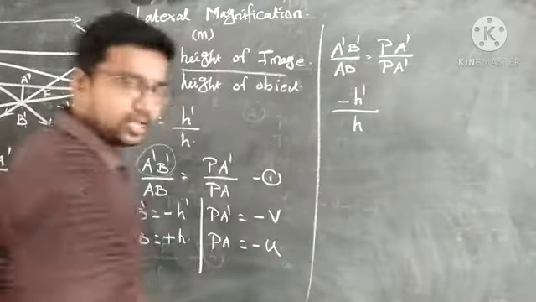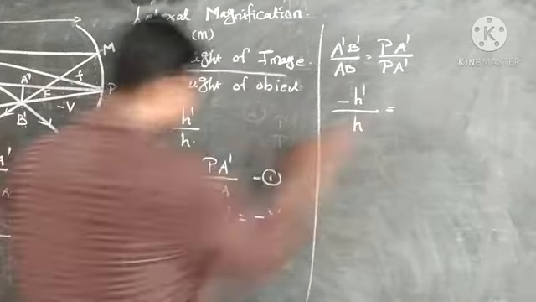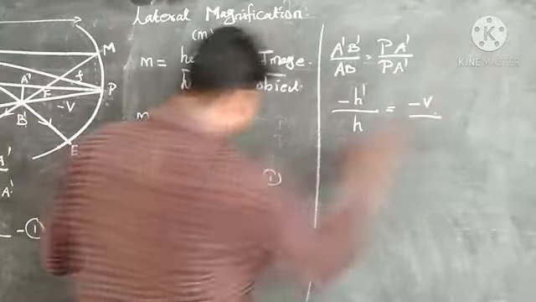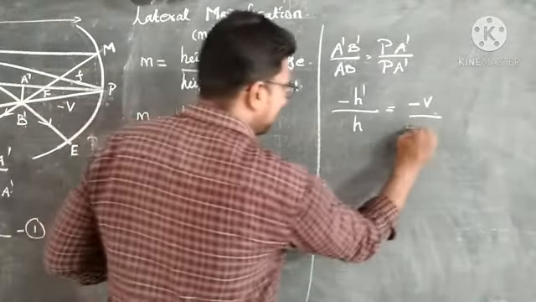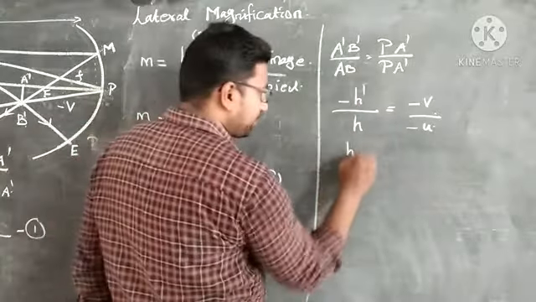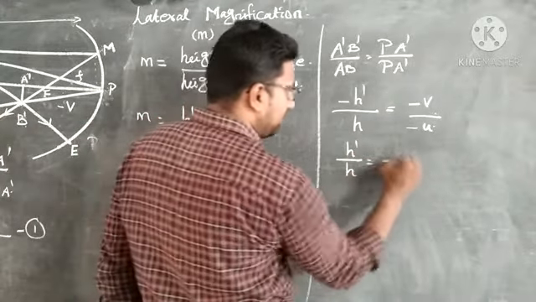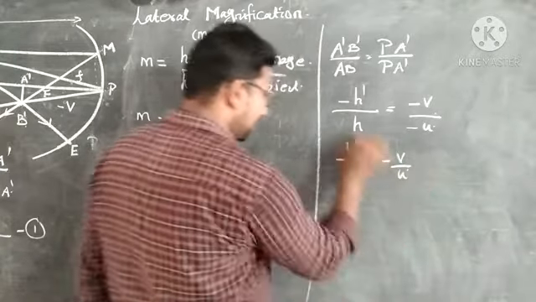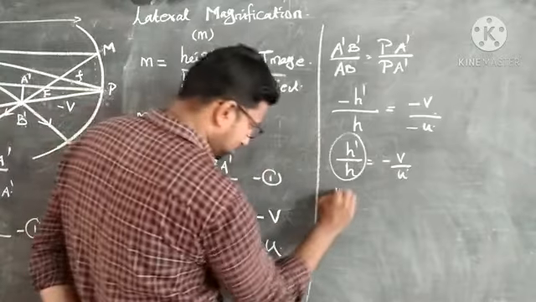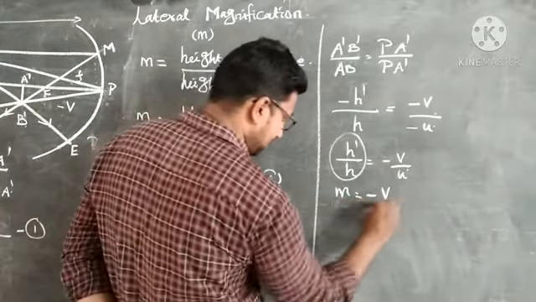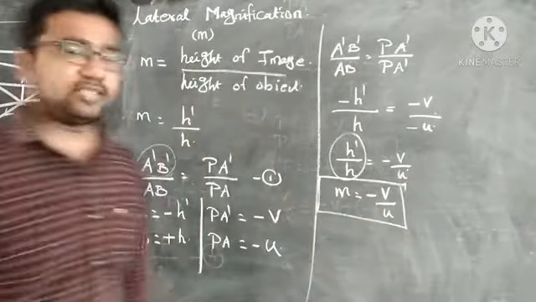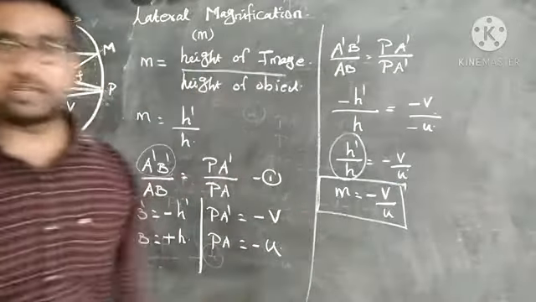PA prime is minus v, divided by PA, which is minus u. By simplifying this equation, h prime by h is equal to minus v by u. Otherwise, it is indicated by the lateral magnification m. So m is equal to minus v by u. This is the expression of lateral magnification.